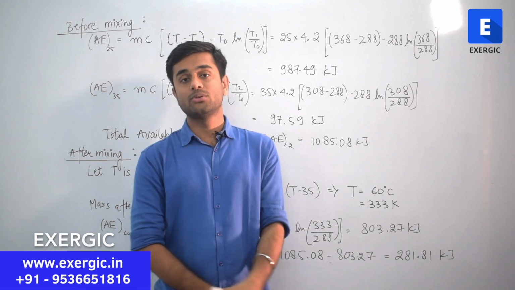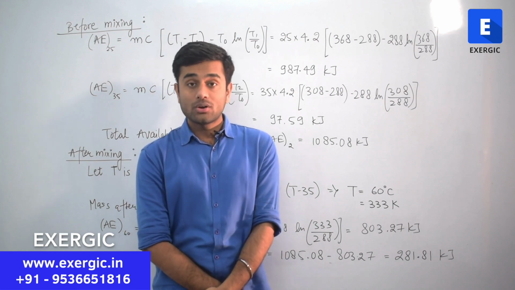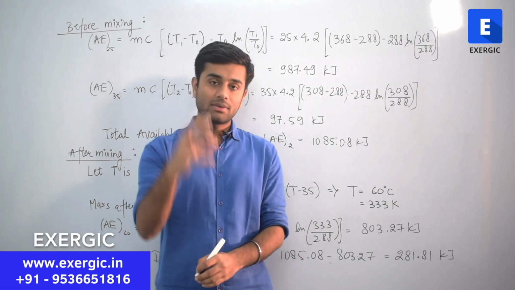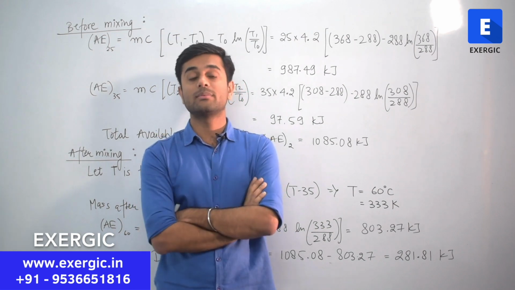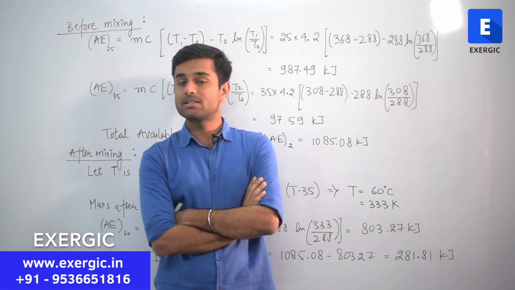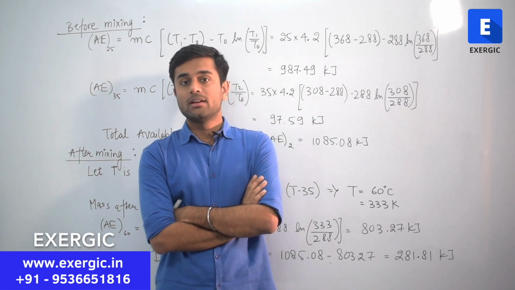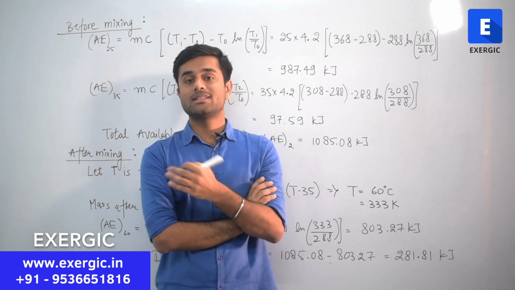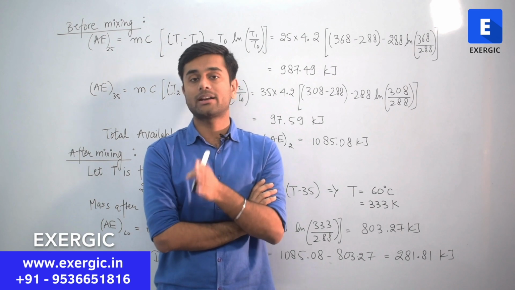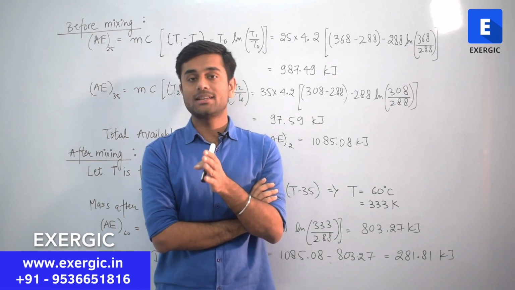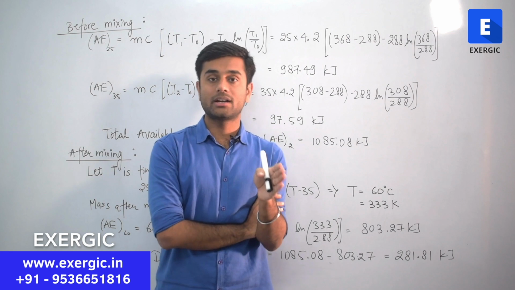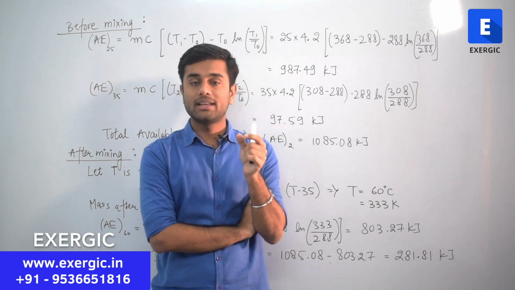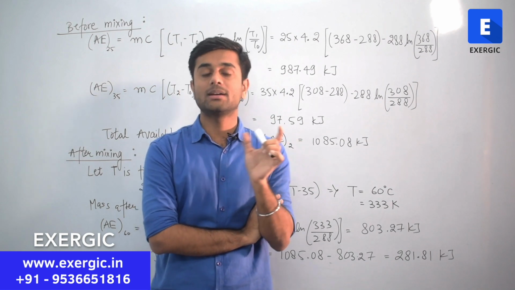So if I ask you how much is the loss in available energy, you are not going to compare the first mass with the second mass and take the difference as the available energy. That's not how we do it. Loss of available energy is how much available energy we have before heat transfer and how much we have after heat transfer, because after heat transfer their temperature difference will decrease and they will finally attain a final temperature.